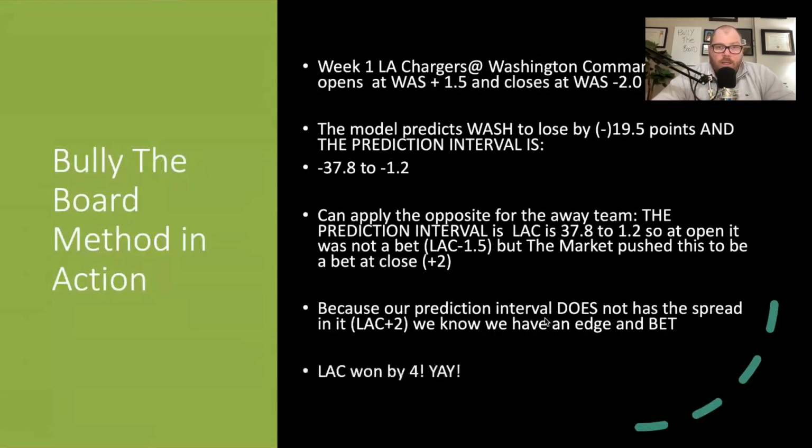And so this is an example of how we rule in bets. The high-level interpretation is that when the spread is not within the prediction interval, that means it's a bet. And basically we have to figure out if the model's telling us to take the home or the away team. If the numbers are positive, it means to take the home team.